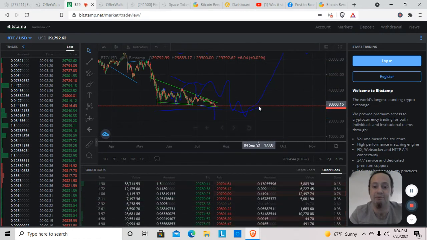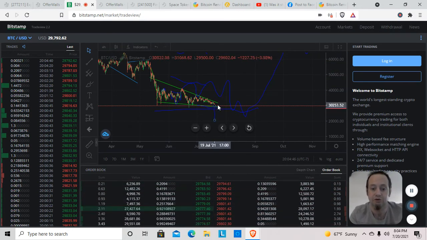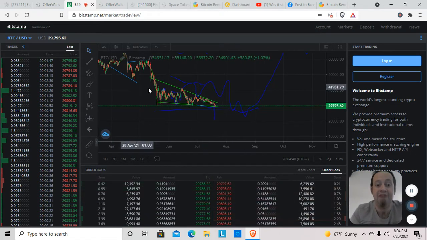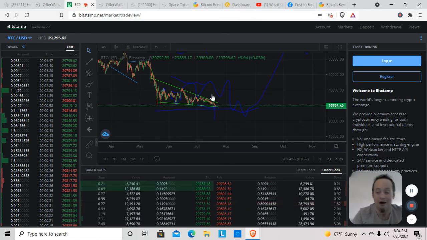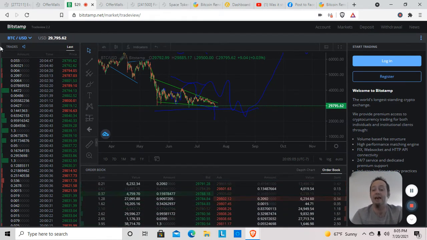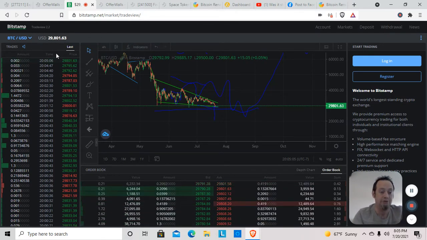This is what's going to happen right here. Even if we do decide to go sideways, which I think we're at a place where it can't go sideways anymore. That's why we broke the $30,000 support, because it had to go one way or another. But the Bears are tired. They threw their knockout punch, and all it did is knock us down to below 30,000.